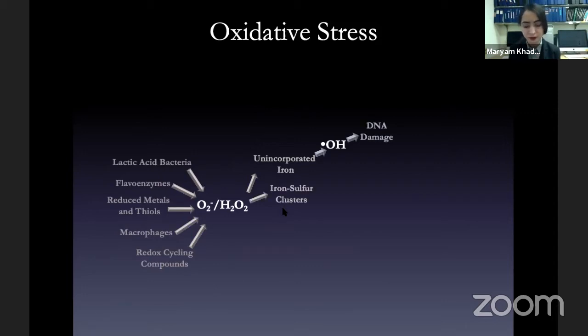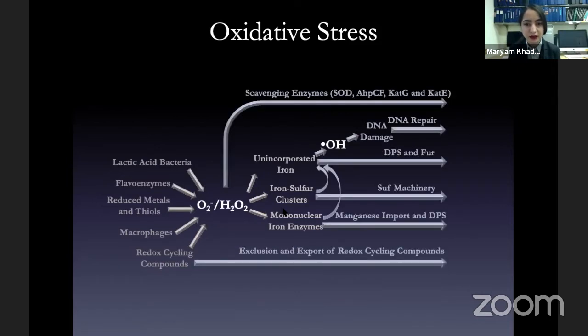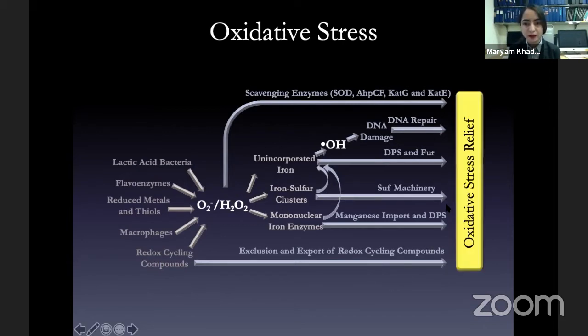Hydrogen peroxide and superoxide can also damage iron-sulfur clusters and mononuclear iron enzymes. But the cell has different ways to deal with almost all of these problems, to prevent them from happening or to repair the damaged moieties. And that would ultimately result in relief of oxidative stress.